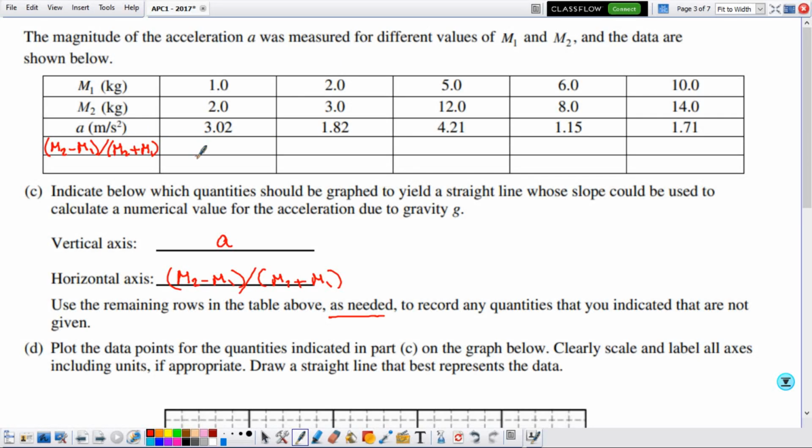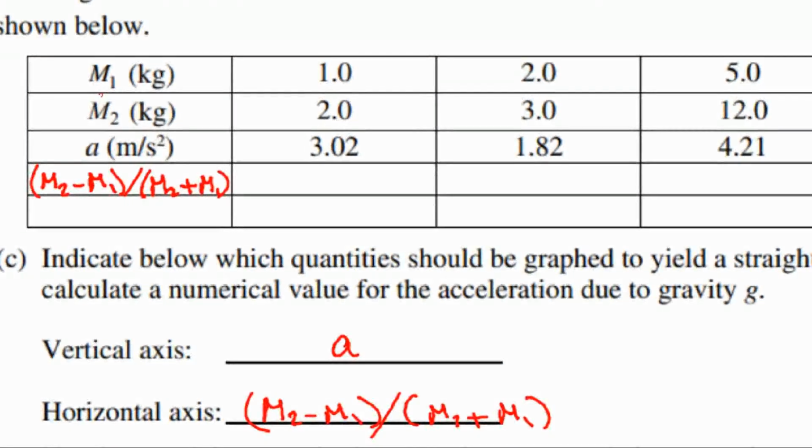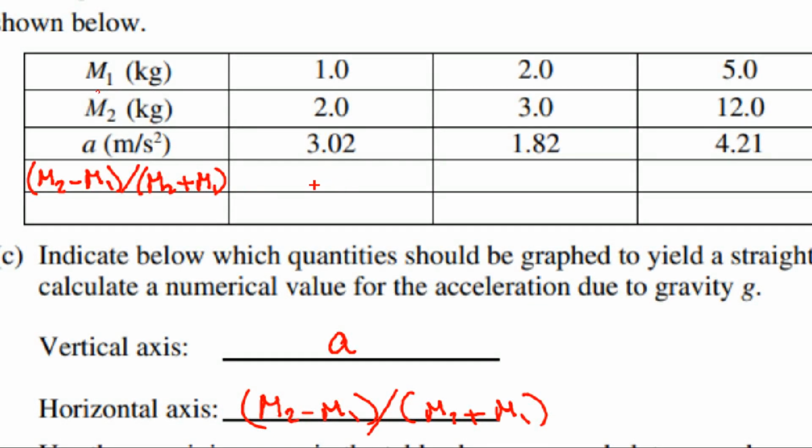They're telling you to record, so we need to record also the values, not only the expression. So I will only do it for the first one, then complete them directly for all the others. For the first one, M2 is given by 2 minus 1 divided by 2 plus 1, that would be 1 over 3, which is basically 0.33.